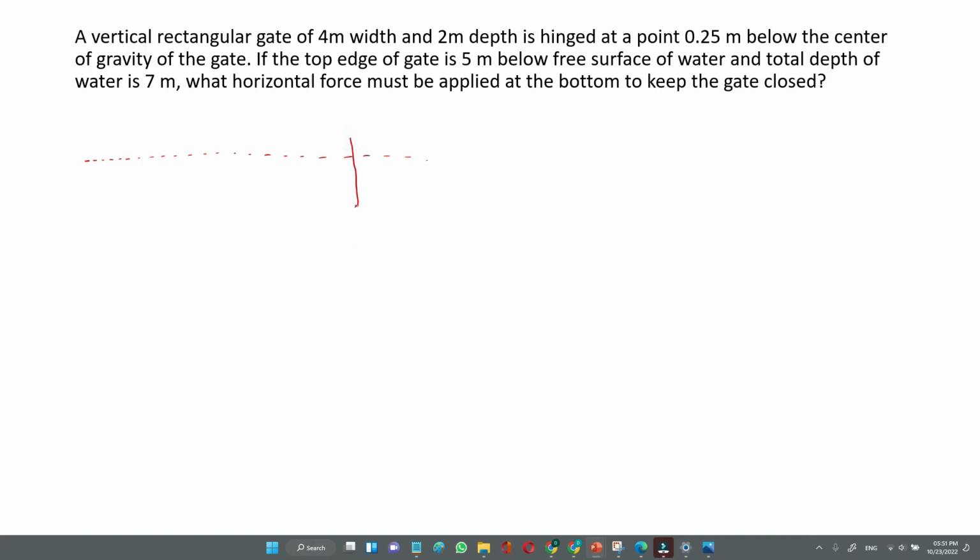So first we will draw the gate. Here a gate is attached.